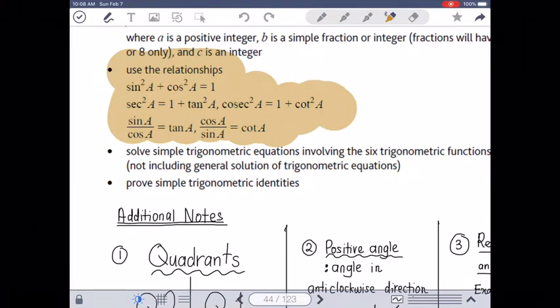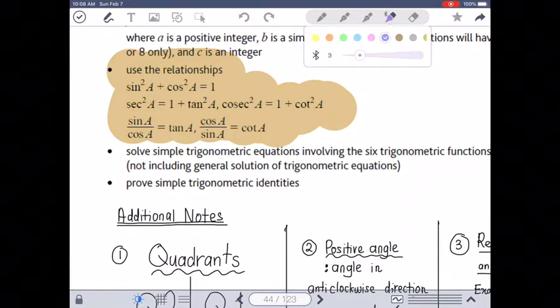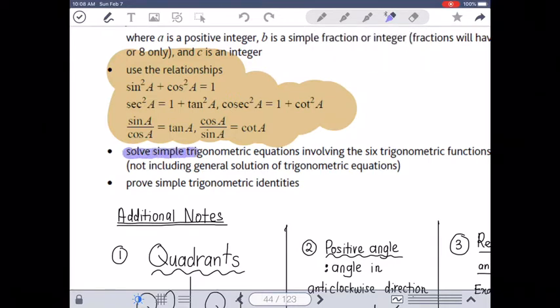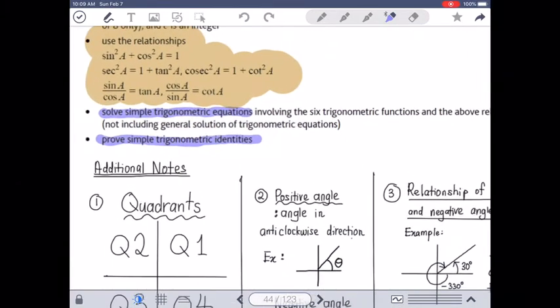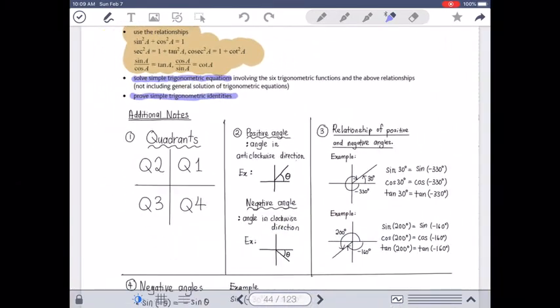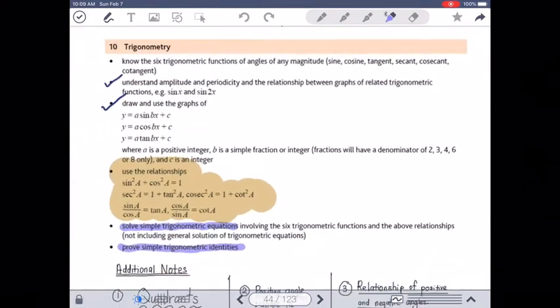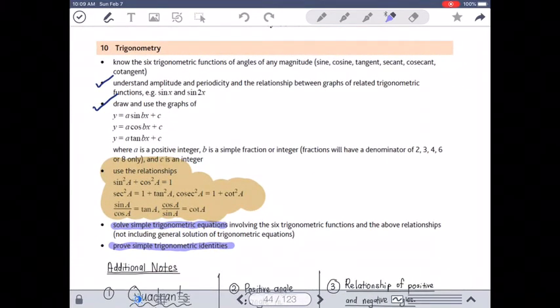The next one is solve simple trigonometry equations. The last one is proof simple trigonometric identities. So basically, these are the things that you need to know in order to answer the questions for chapter trigonometry.